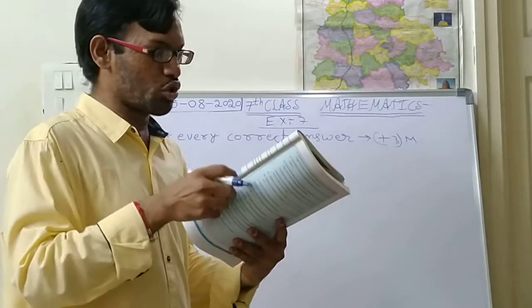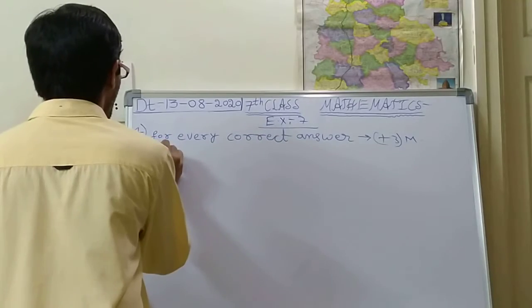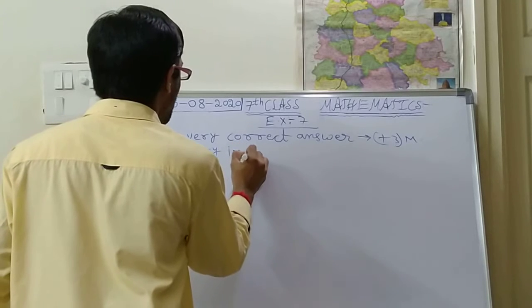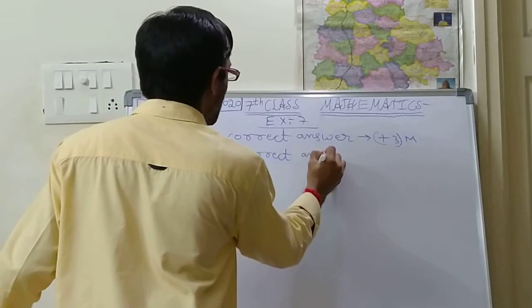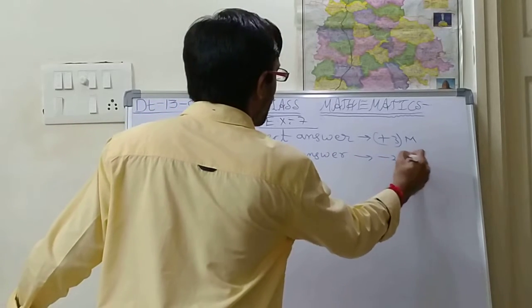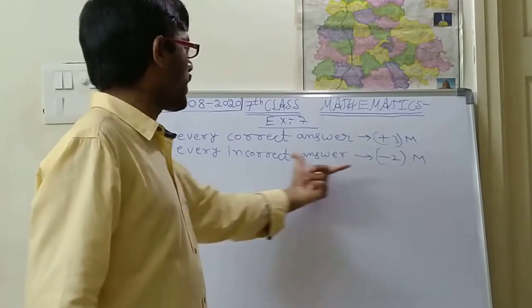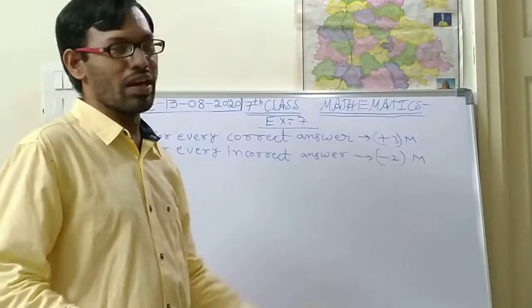And minus 2 marks are given for every incorrect answer. So for correct answers, plus 3 marks. For incorrect answers, minus 2 marks are awarded. So, one positive and one negative.